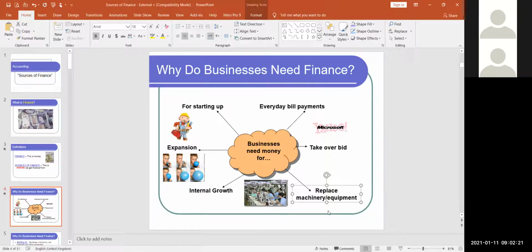Definitely, we need to have a sufficient amount to buy or replace the machine. Internal growth and also the expansion. So these are the reasons that we need finance for the business. Starting up, everyday bill, take over bid, replace machinery, equipment, internal growth, and expansion.